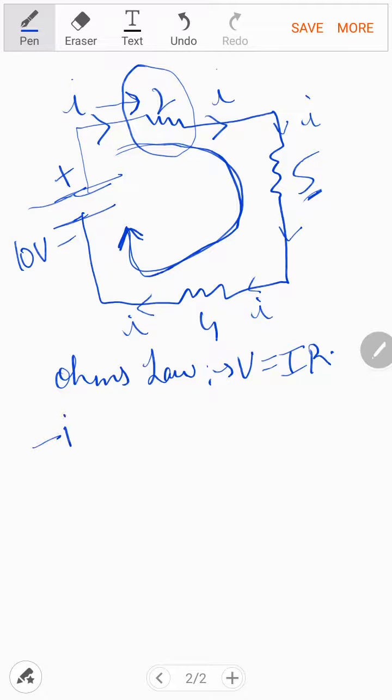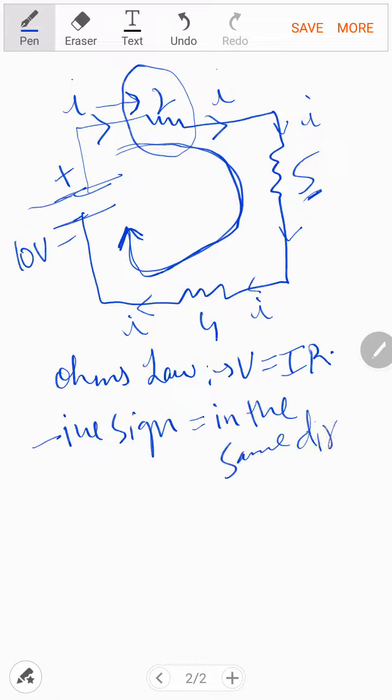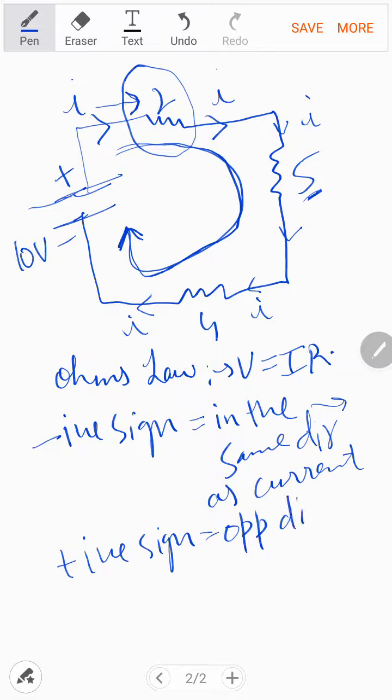So negative sign when we are moving in a clockwise direction, that is in the same direction as the current. If we are moving opposite to the direction of the current, then there will be a positive sign.